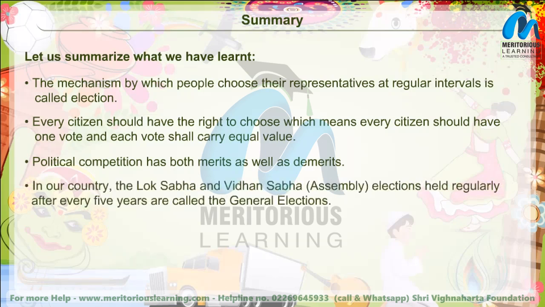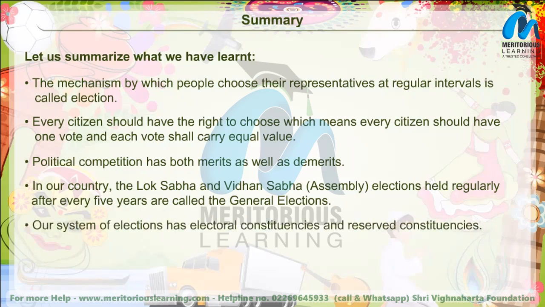In our country, the Lok Sabha and Vidhan Sabha assembly elections held regularly after every 5 years are called the general elections. Our system of elections has electoral constituencies and reserved constituencies.